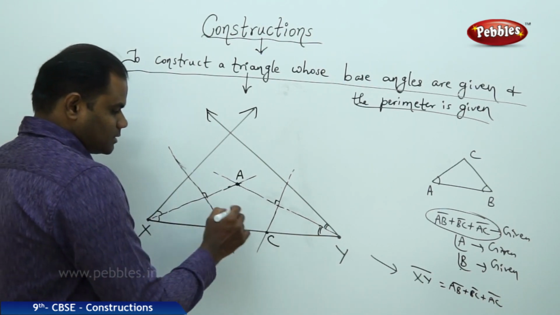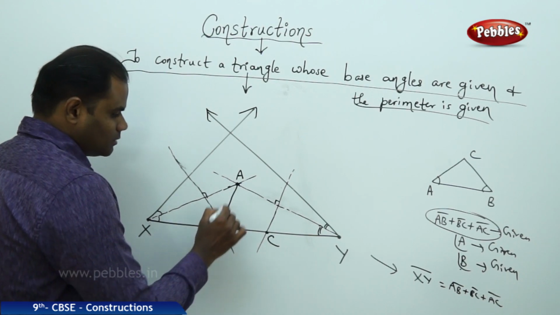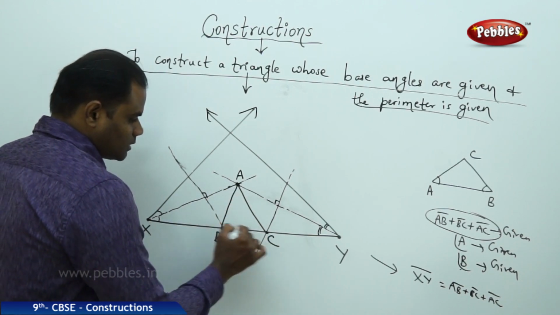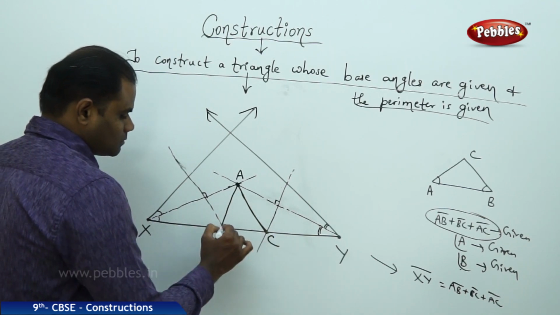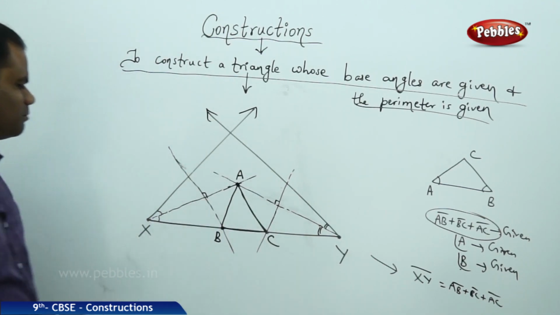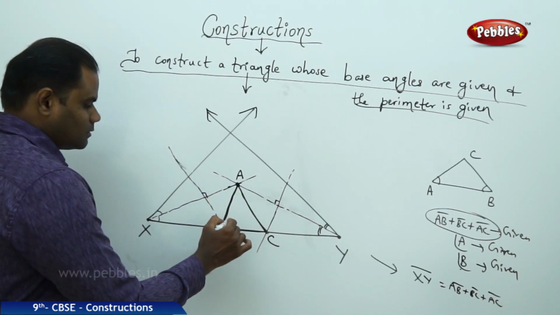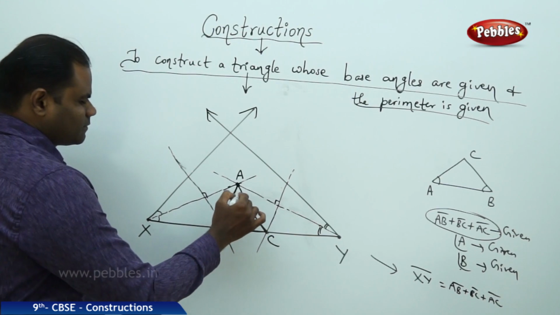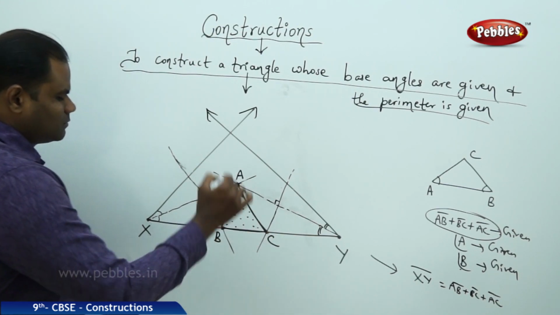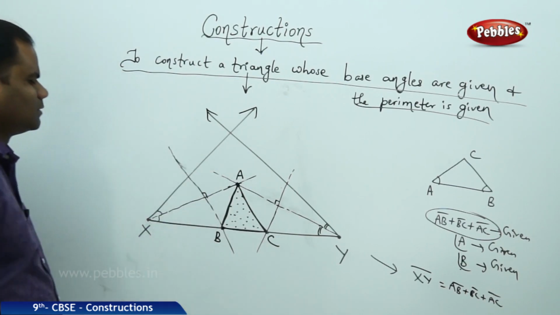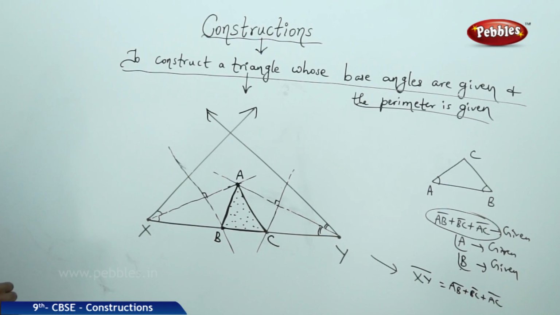So I get 3 points A, B, C which are joined. So I join AB and AC and I get ABC, which is a triangle. So here I get the required triangle. So ABC is the required triangle.